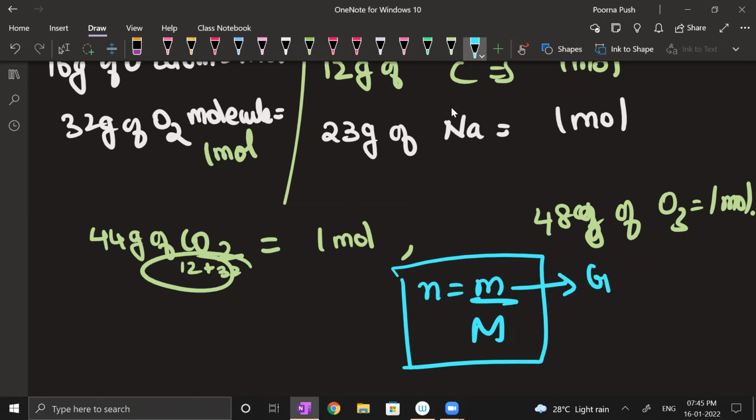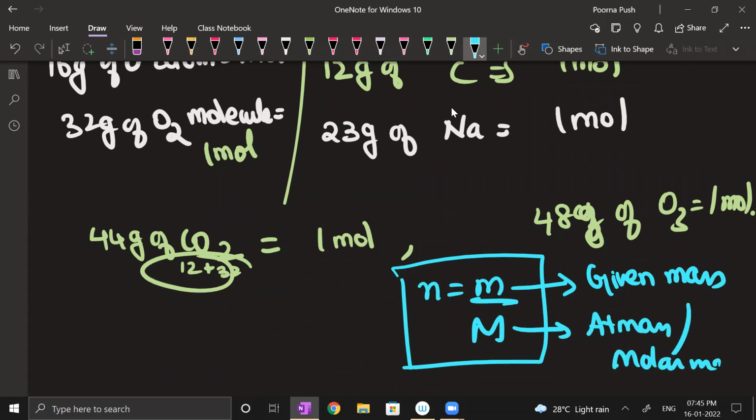In the shortcut formula, number of moles equals small m by capital M.